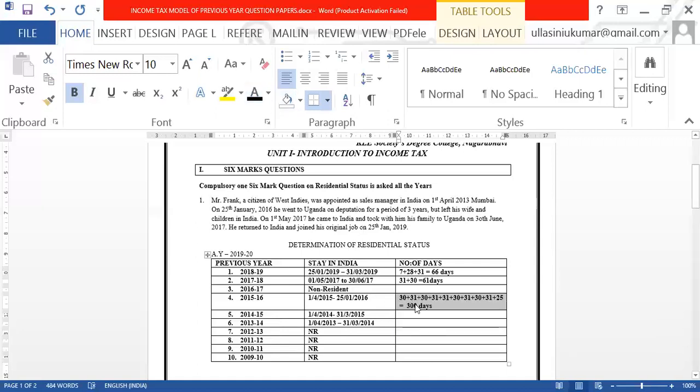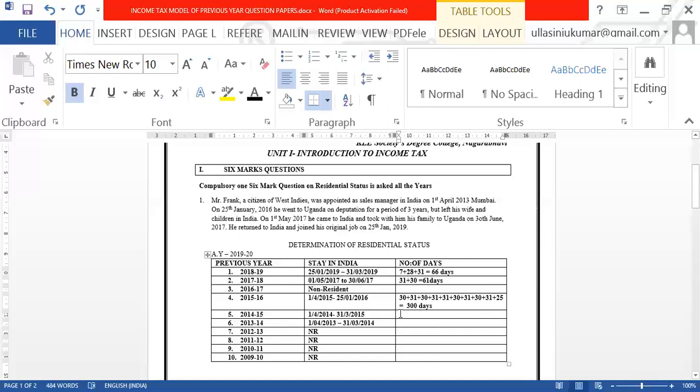If we go to calculation, April 30 days, May 31, June 30, July 31, August 31, September 30, October 31, November 30 days, December 31 days, and January 25 days. So from 1st April 2015 to 25th January 2016, he would be staying in India for 300 days.